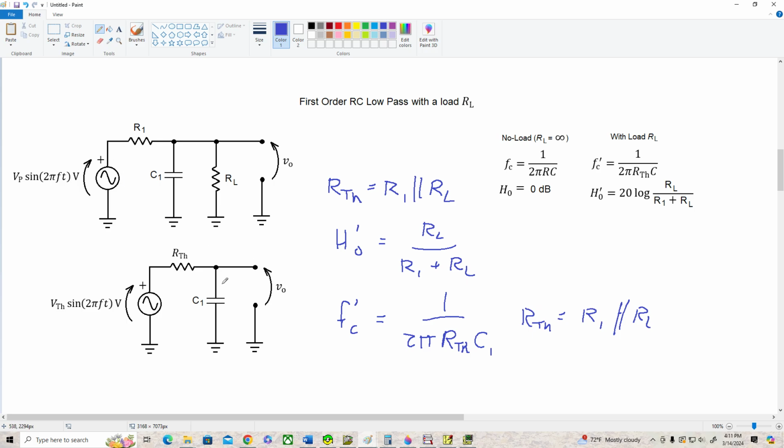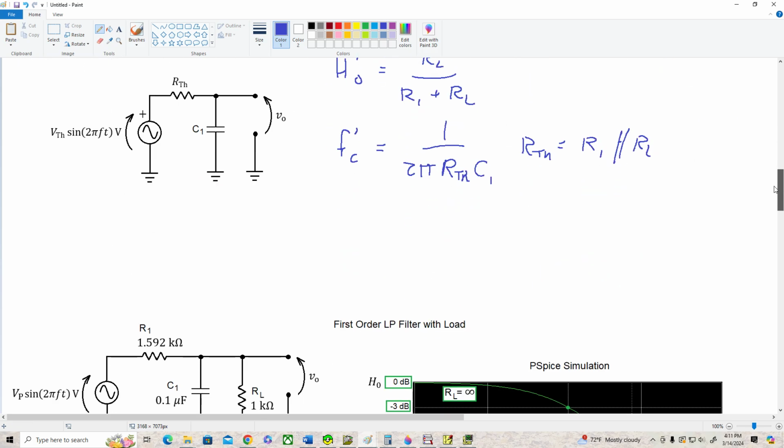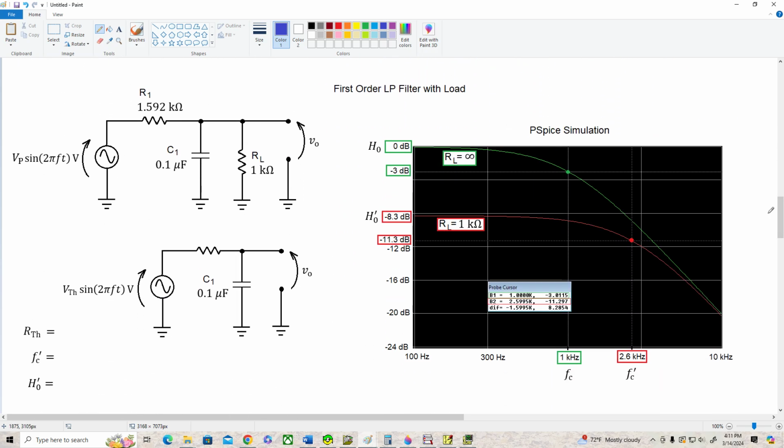That's what we'd have to use to figure out what's going on in this circuit with a load. Now let's do a concrete example. Here we've got a first order low pass filter with a load connected, and in this case RL is 1k ohm, so it's really heavily loading this filter down. If this resistor is along the same order of magnitude as this one, we're going to load the filter pretty heavily.